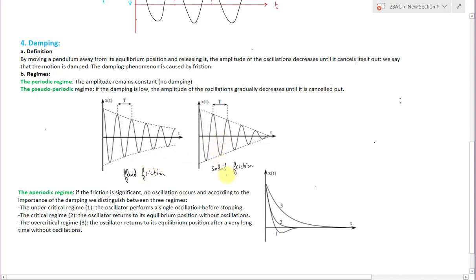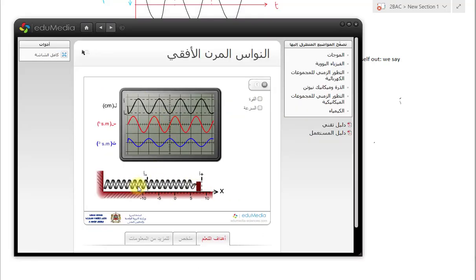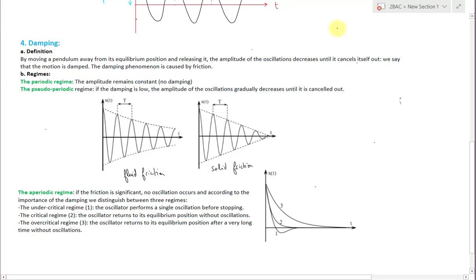An example of solid friction is friction of an object over a surface, as we can see here. We can imagine that there can be a friction between this mass and the plane, which is solid friction.